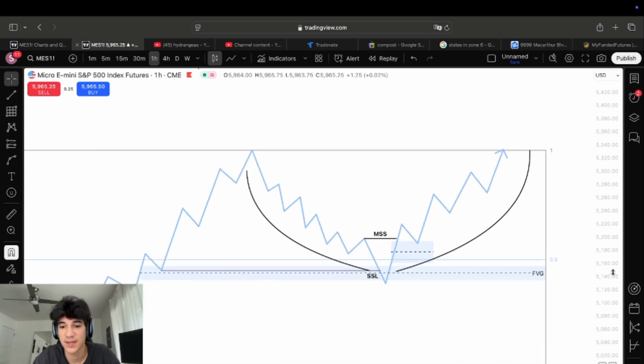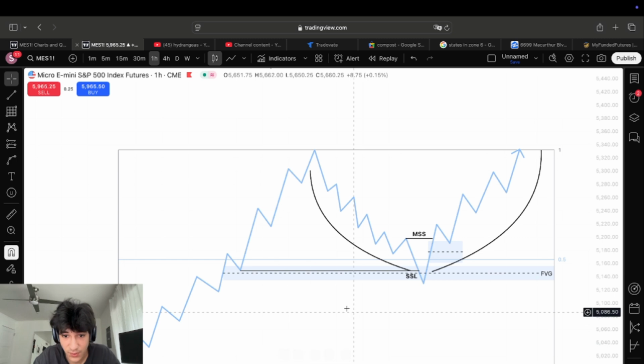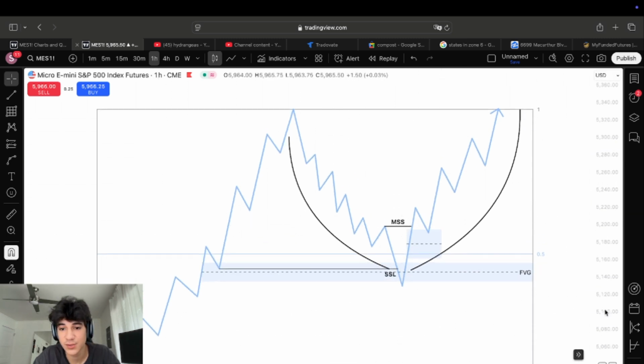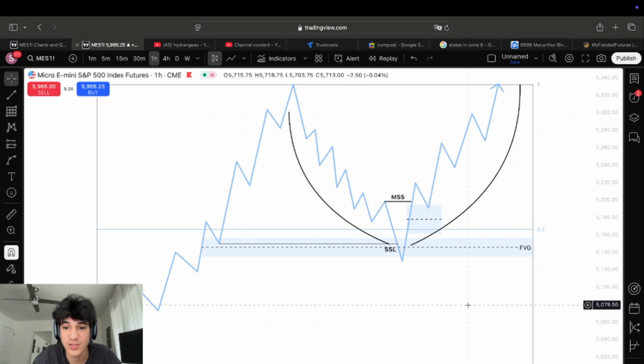And so, like I said, price needs to retrace into equilibrium first, into an imbalance. Then you want to see the imbalance get respected. How do you? Oh, sorry. You sweep out liquidity in an imbalance. Once you see that imbalance get respected, how do you see that?